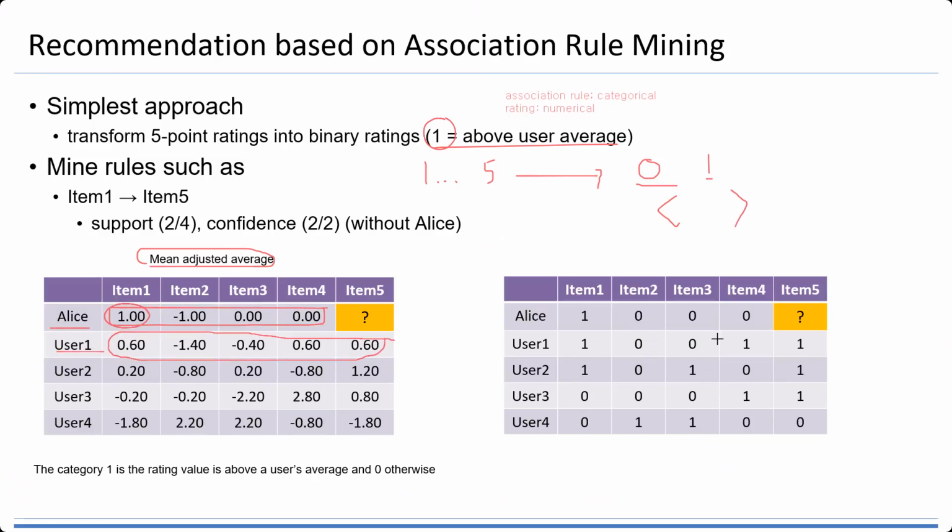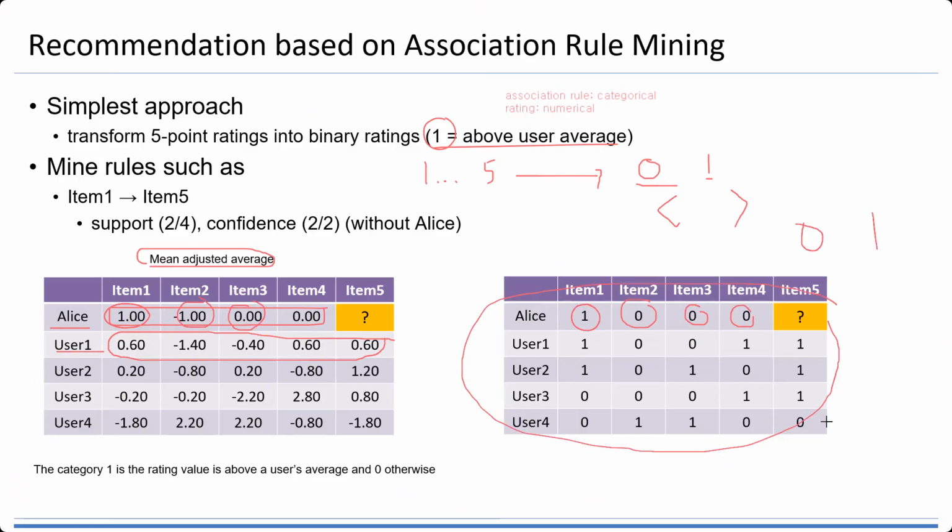So if it is positive, the rating is 1. If it is negative or 0, then the rating will be 0. Then this is the result of binary. We have 0 or 1. So if you look at the data set for the association rule mining, everything will be in 0 and 1.